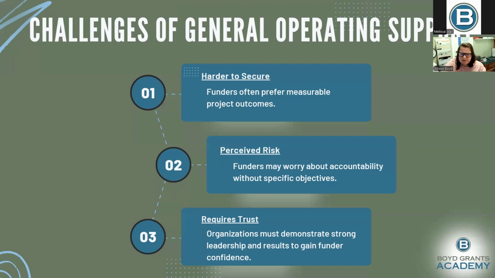So here's my thoughts on that. I have a lot of thoughts, but that challenge of it not having clear objectives and measurables can be overcome if you look at your organization as a whole and do an organization-wide logic model.